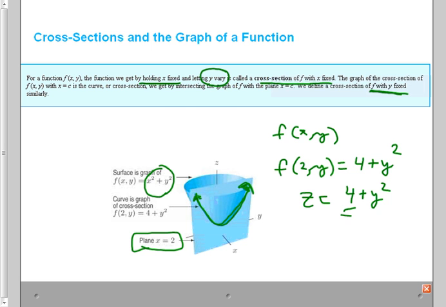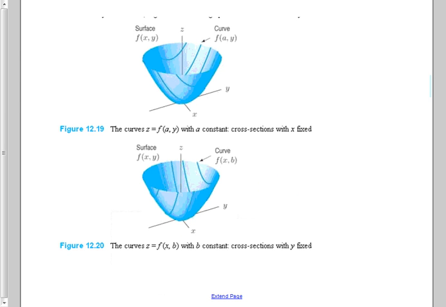Let's see how this can be really effective for us to get the shape of a graph. Well, before we do that, let's see this example here where we're fixing our, well, what values are being fixed? We're fixing x, and we notice, here's x equals 0. Here's some positive value of x. Here's some negative value of x.